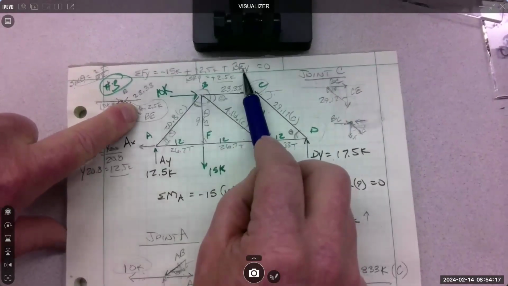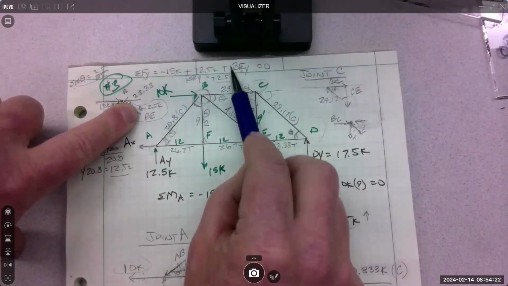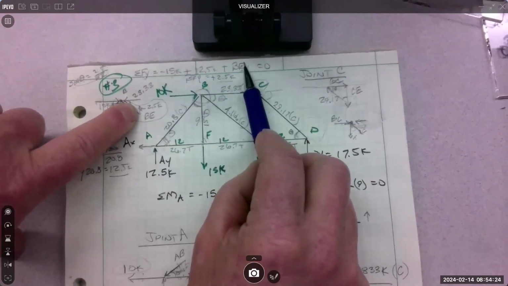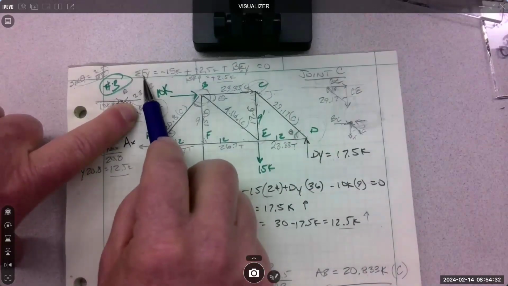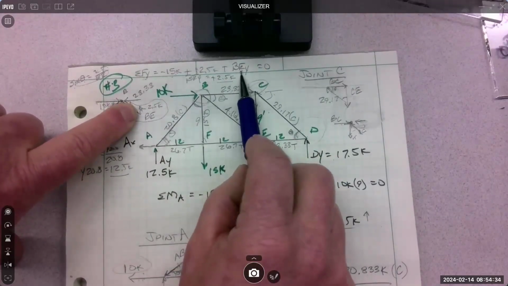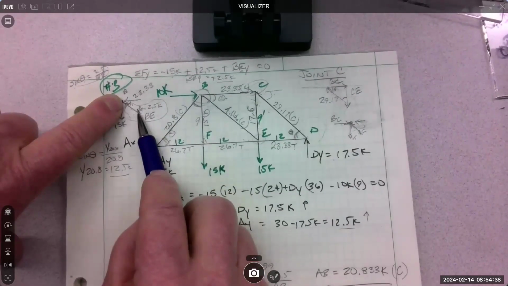Summing forces in the Y, I put BEY. You could write this in terms of theta and BE, but I find it more complicated for most of the folks to do that. So when I'm summing forces in the Y, I just put the component in, then find the component at 2.5, and then solve for BE.